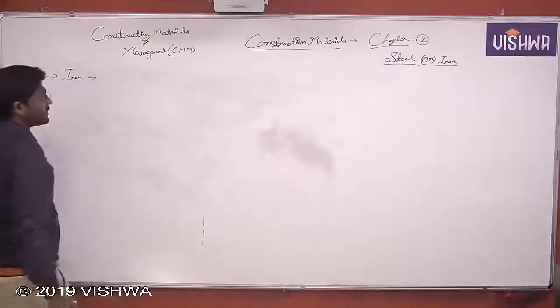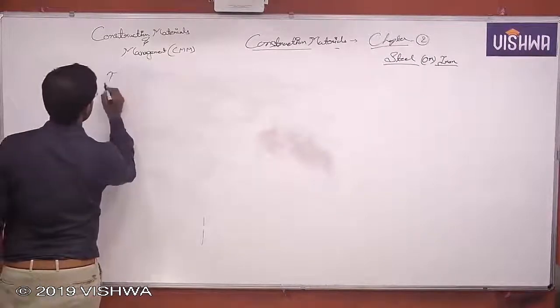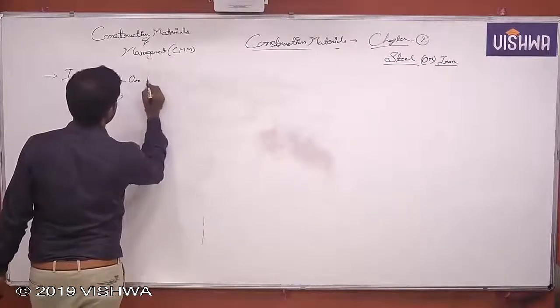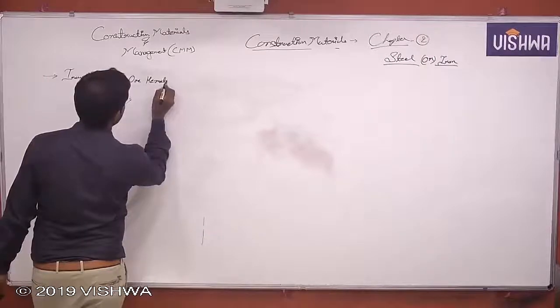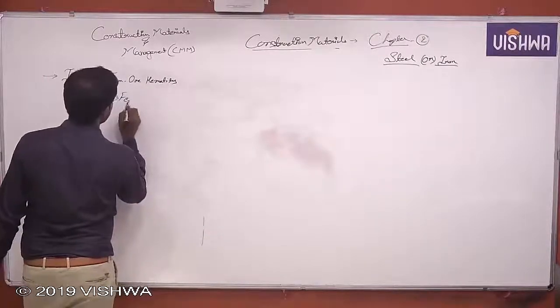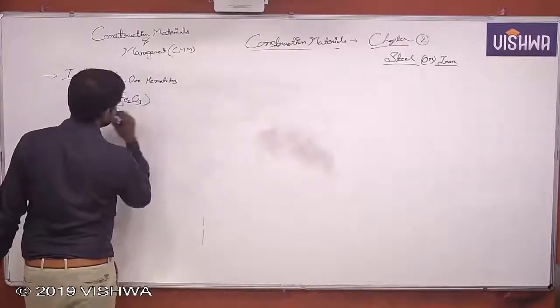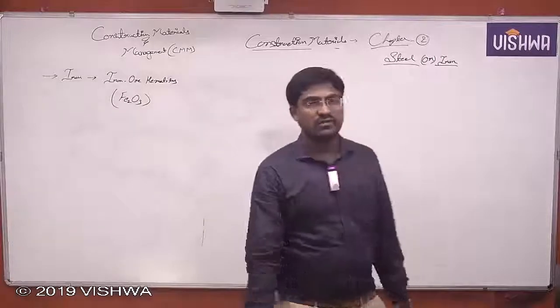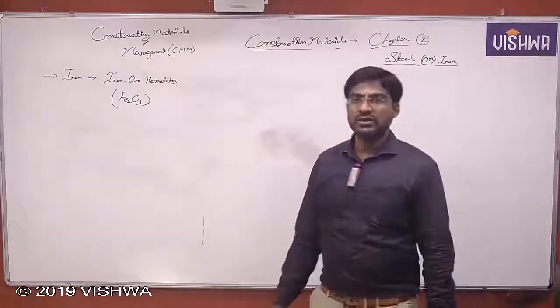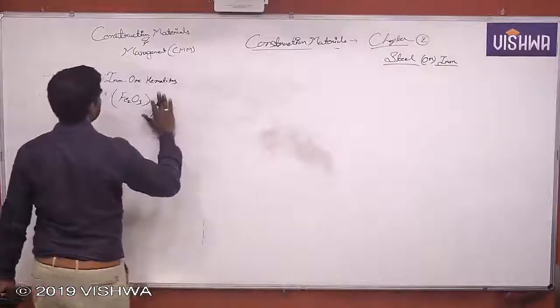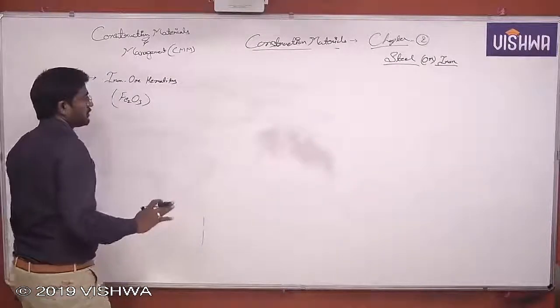Iron is extracted from iron ores, hematites, which in general we call Fe2O3. That is the raw form of your iron, consisting of no carbon content. Without any carbon content it directly reacts.